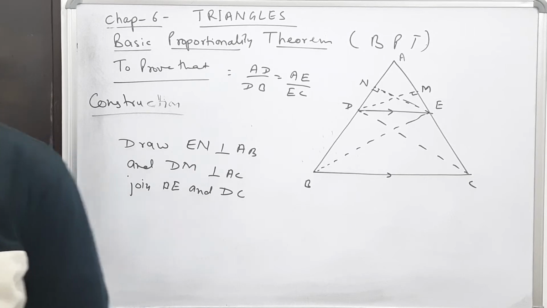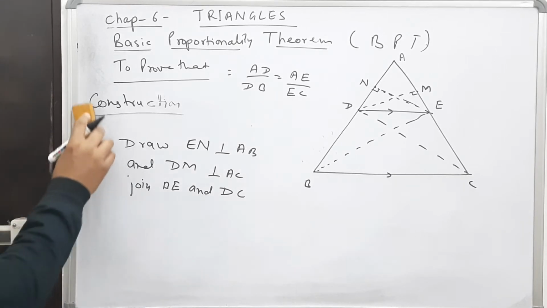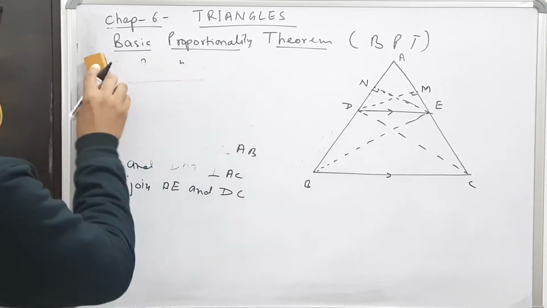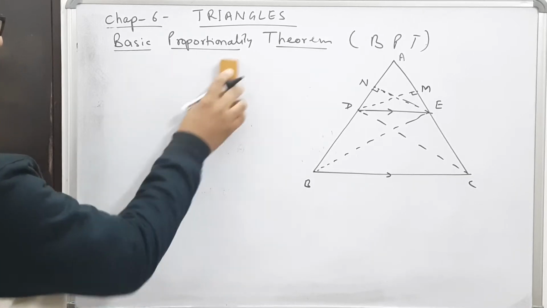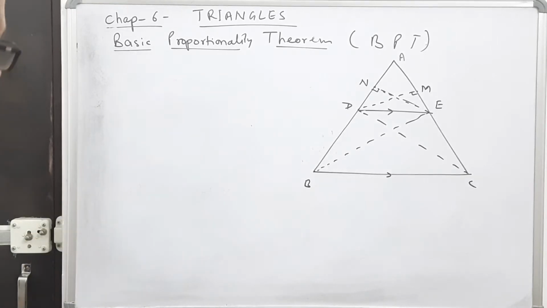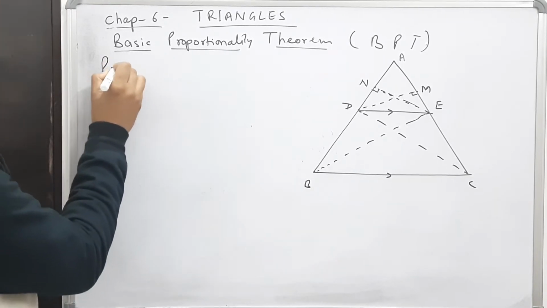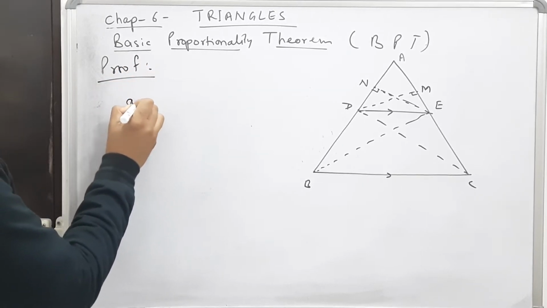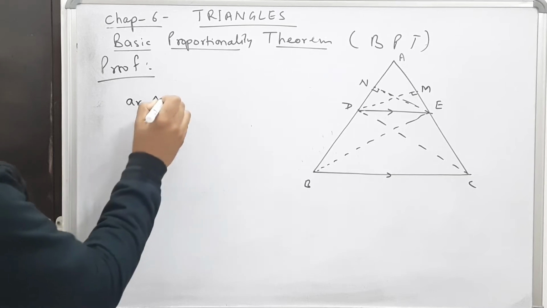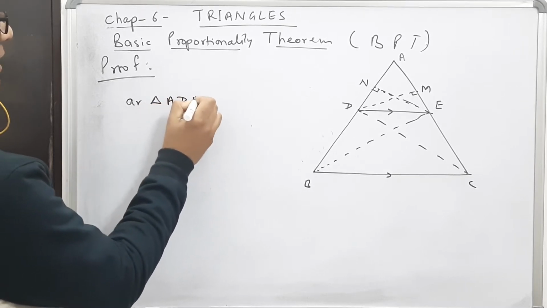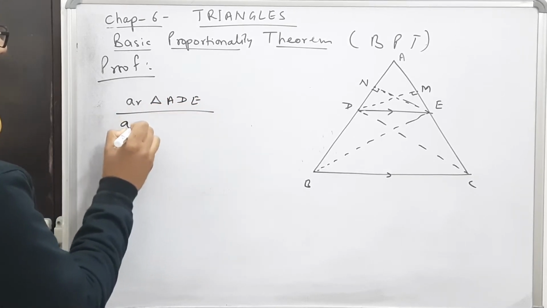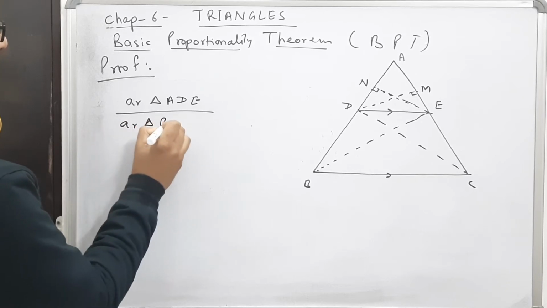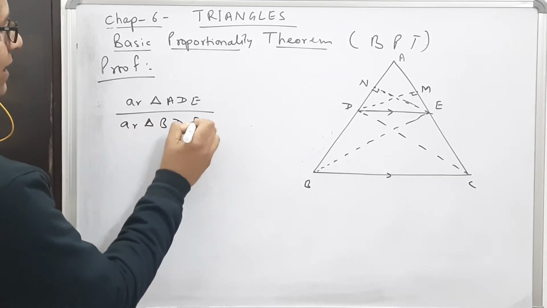Now the first part of the proof, see the proof part now. The first important thing in the proof of the theorem is the area of triangle ADE upon area of triangle BDE.